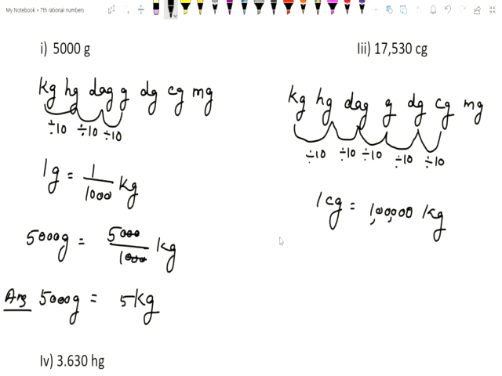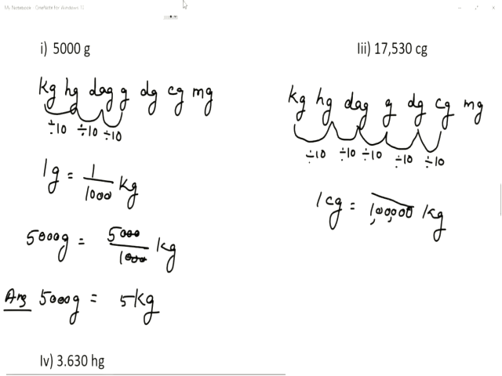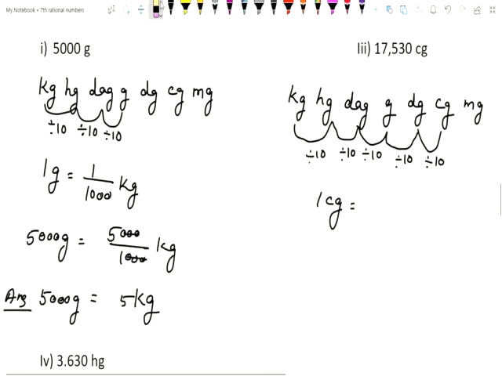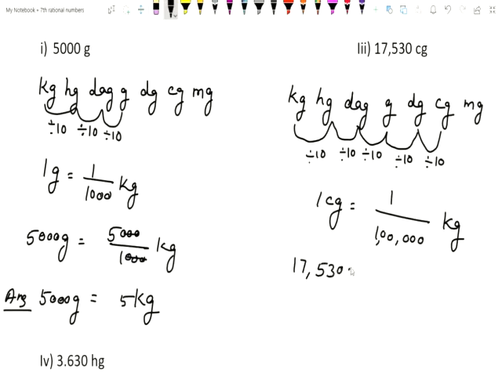So you have to divide by 1 lakh. 1 by 1 lakh kilogram. So 17,530 centigram equals 17,530 divided by 1 lakh. Cancel the 0. Remaining how many zeros are there? 1, 2, 3, 4.